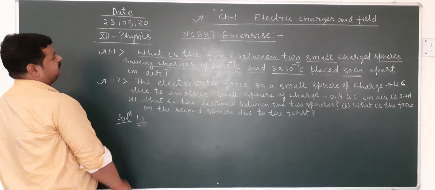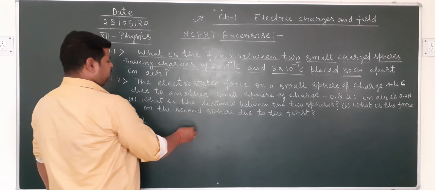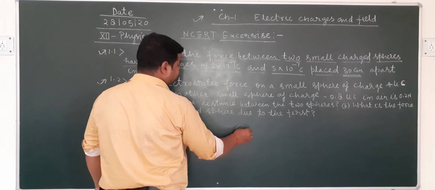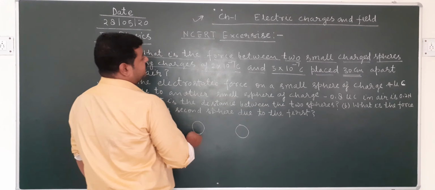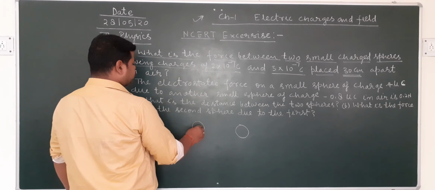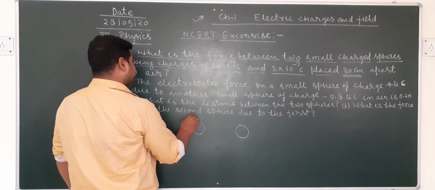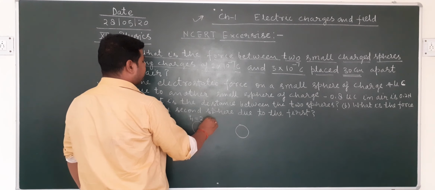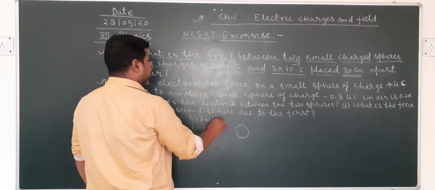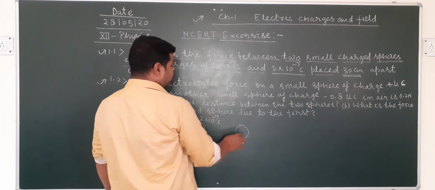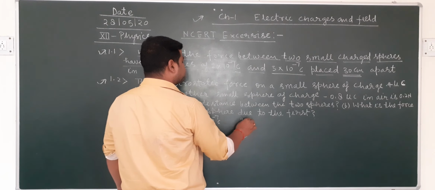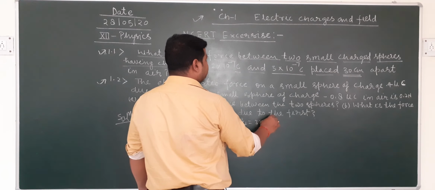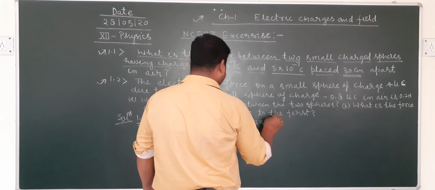1.1. Here, given, let us assume that these are two spheres. Clear? The charge on the first sphere, Q1, is equal to 2 × 10^-7 coulomb, and the charge on the second sphere, Q2, is equal to 3 × 10^-7 coulomb.